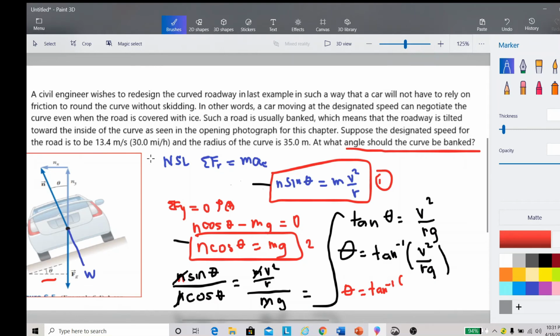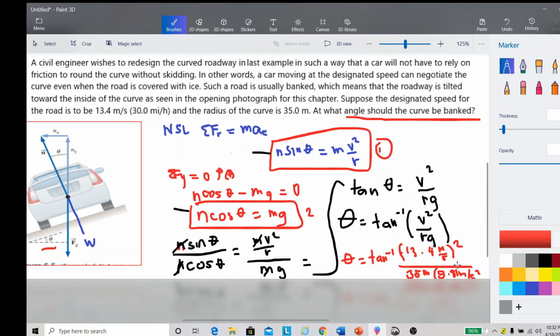The designated speed is 13.4 meters per second, squared, over r, which is 35 meters, and 9.81 meters per second squared. The unit will be meter squared per second squared, and all the units cancel.